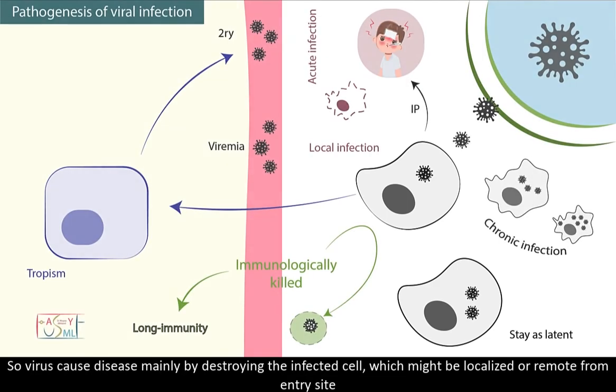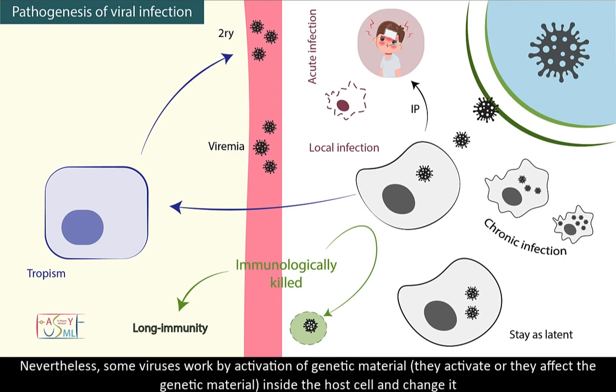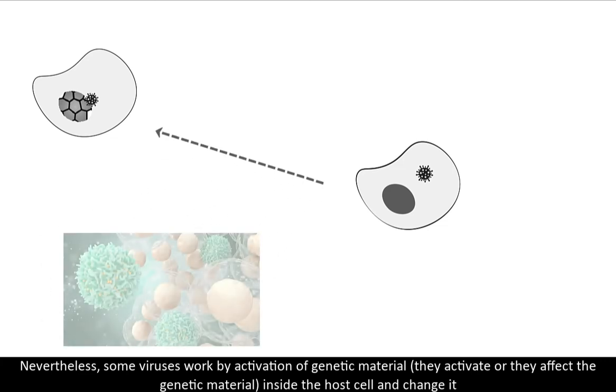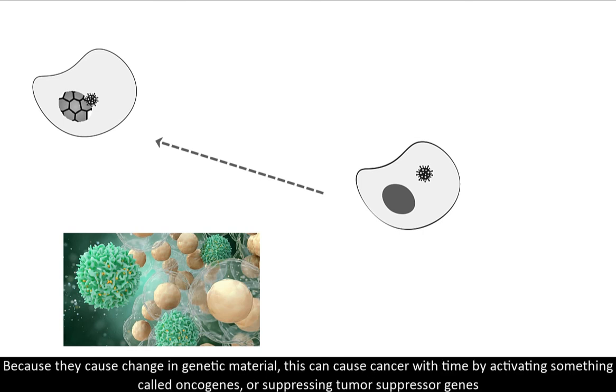So, a virus causes disease mainly by destroying the infected cells, which might be localized or remote from entry sites. Nevertheless, some viruses work by altering genetic material. They affect the genetic material inside the host cell and change it.